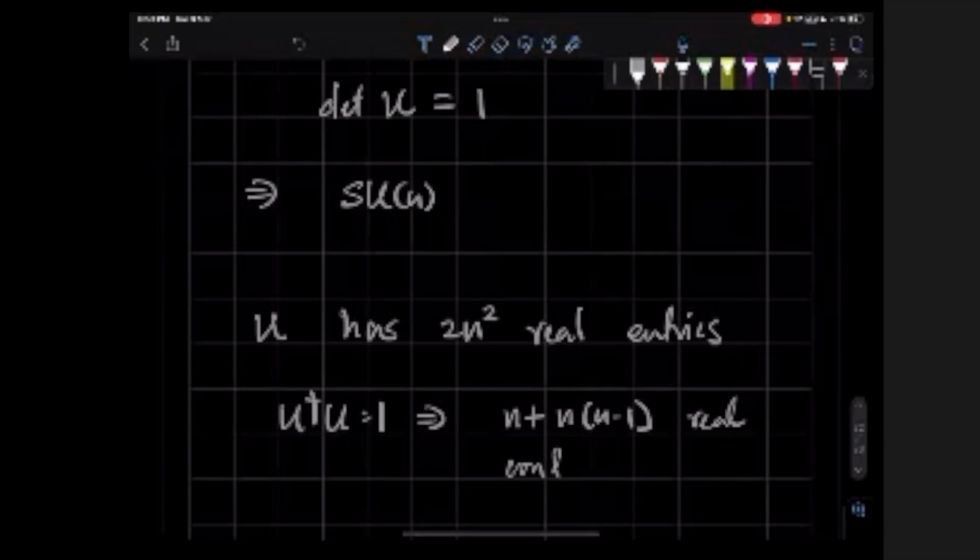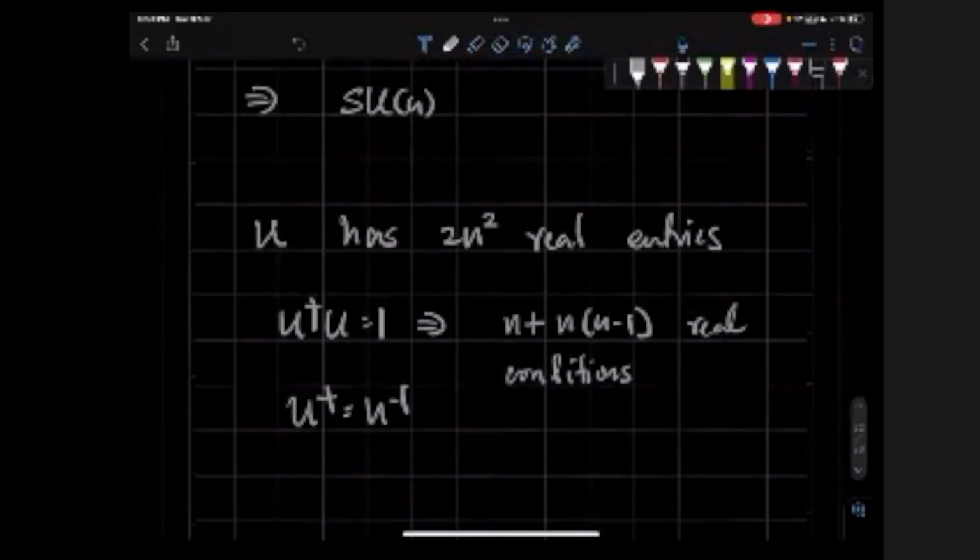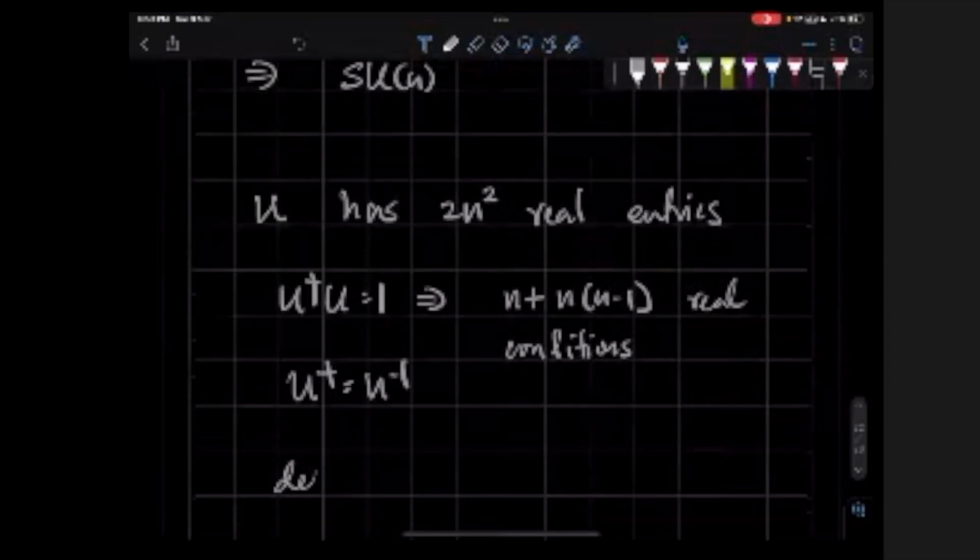That's pretty easy to show. You just have to observe that U dagger is U inverse. And the determinant of U being 1 gives you 1 real condition.